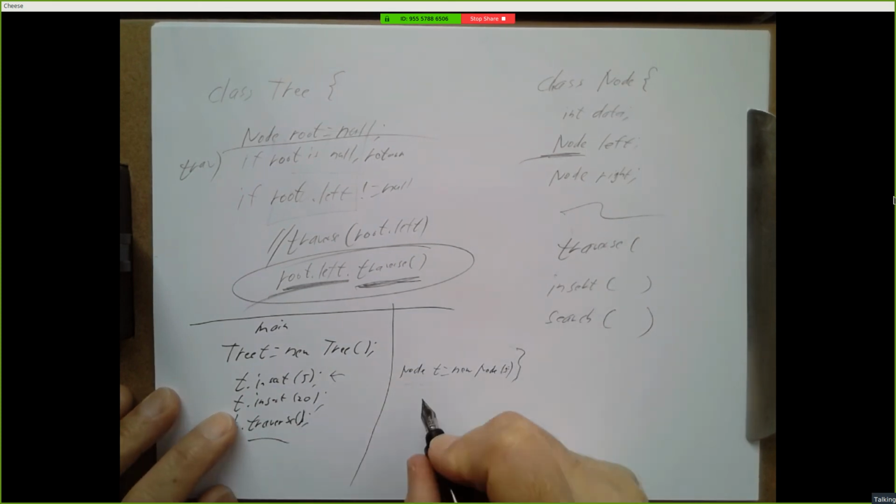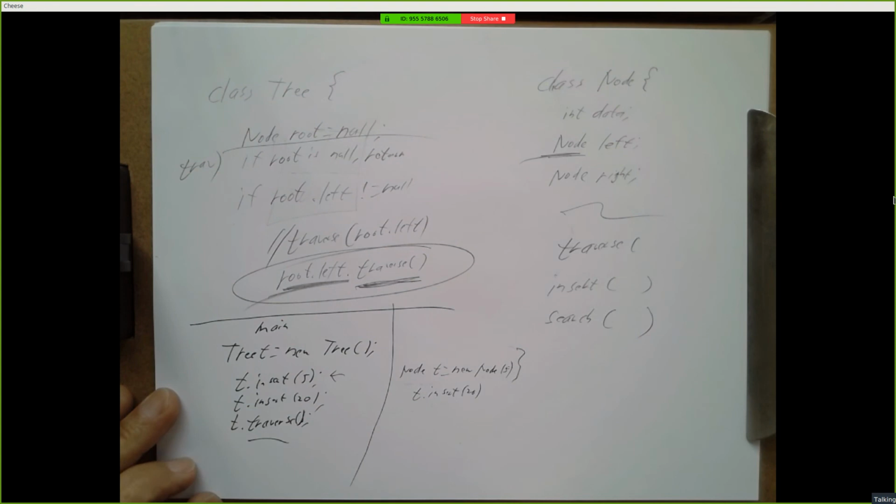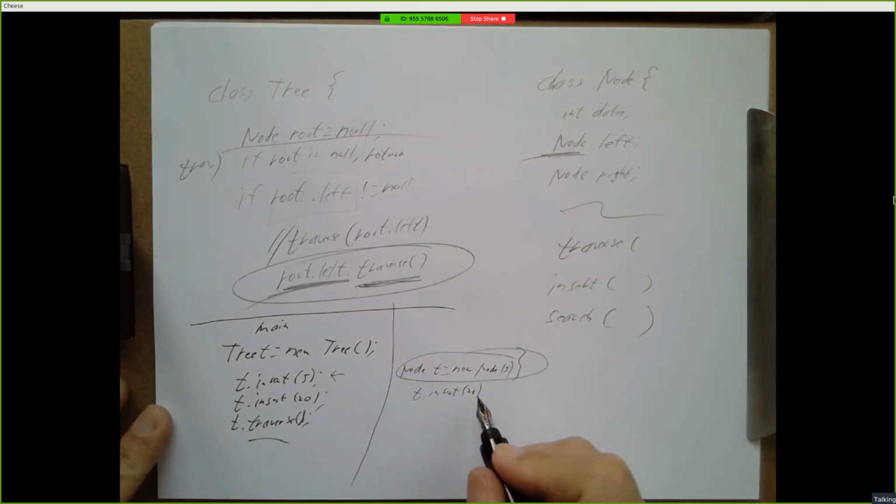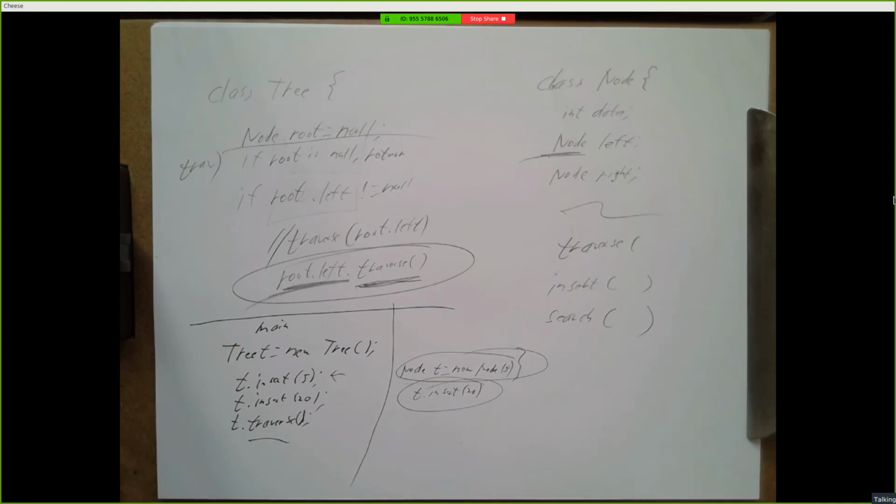And then when you want to insert a 20, you just say t dot insert 20, and so on. But if I delete some nodes, I need to know if I've deleted my last node so that when I want to insert into my empty tree, I construct a new node instead of trying to call insert. In other words, I'm managing the root myself, and we don't want to do that.